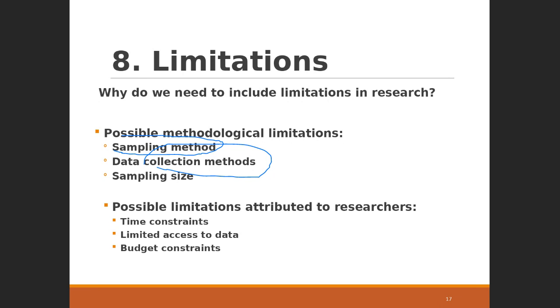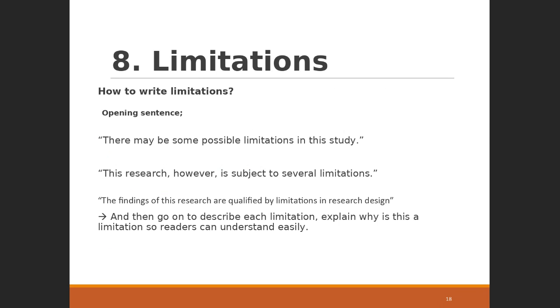If your sample size was not large, you can suggest other researchers that they need to study the same phenomena with a large sample size. If your focus was on a younger population, you can suggest other researchers that they can focus on other population groups as well.